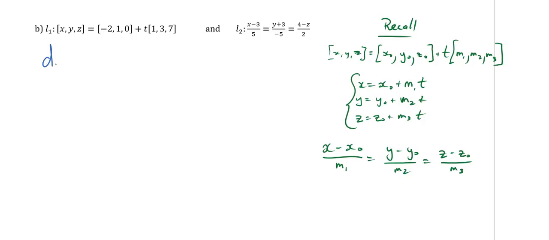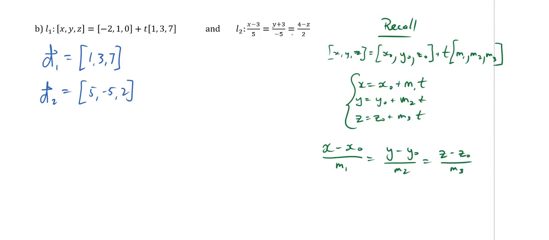So direction vector 1 is 1, 3, 7. What's direction vector 2? Nice, 5, negative 5, and 2.